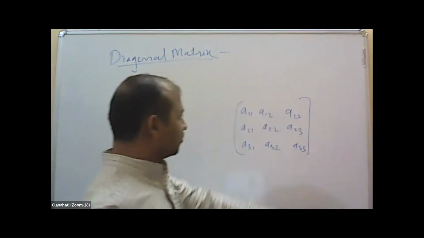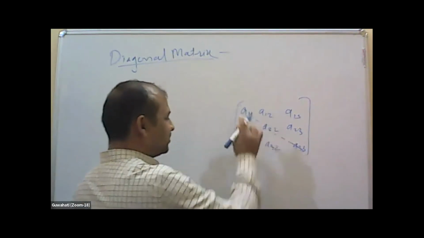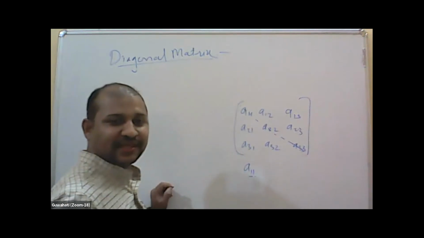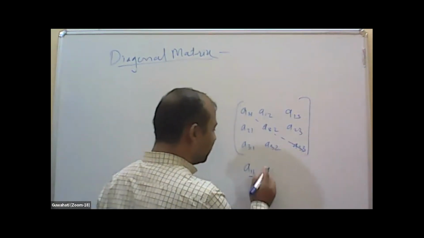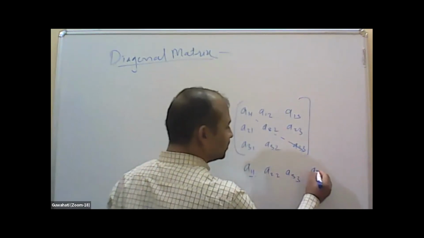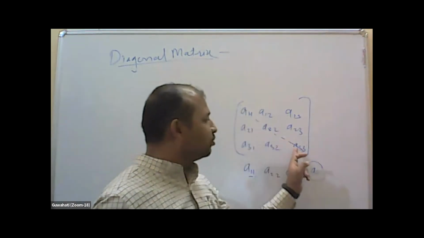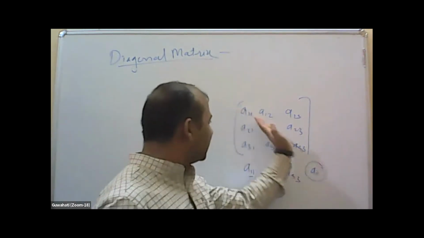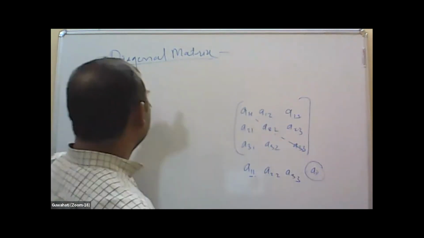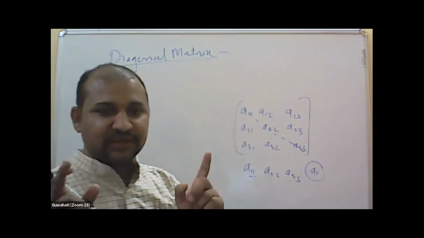So diagonal means this diagonal: the elements whose indices are the same, A11, A22, A33, and so on. Both the positions are the same. So these elements we call diagonal elements. Then when do we call it a diagonal matrix, a square matrix? First condition is what?